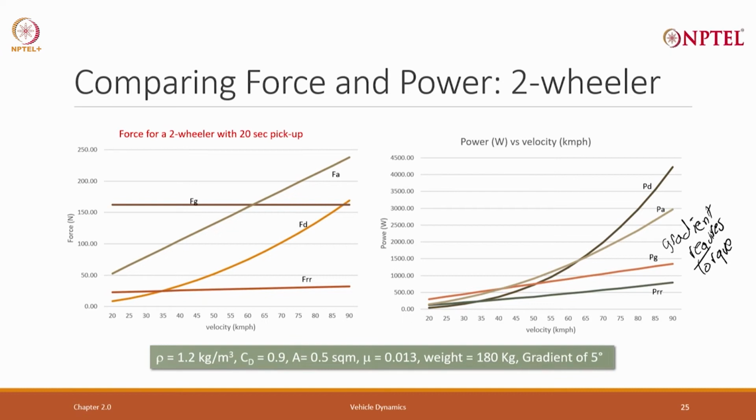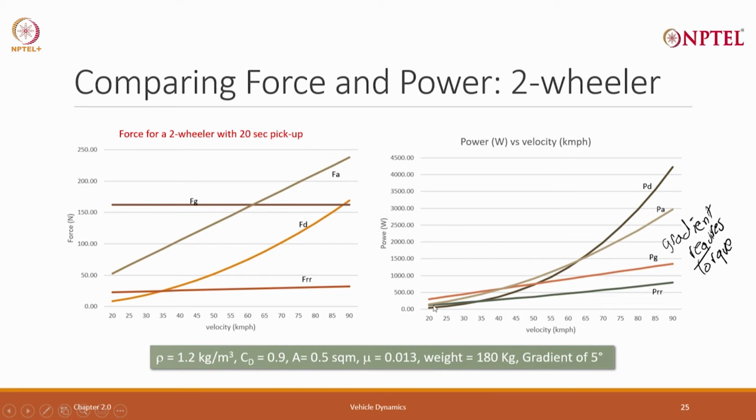But if you look at it, even if I travel at as low as 15 kilometer per hour, what is the total force required? I require about 500 watts of power for the gradient, plus I will require some rolling resistance and drag at 15 kilometer per hour.